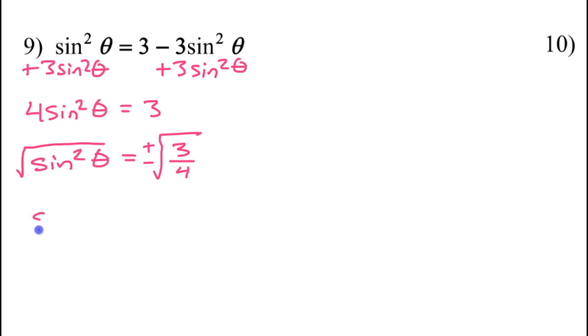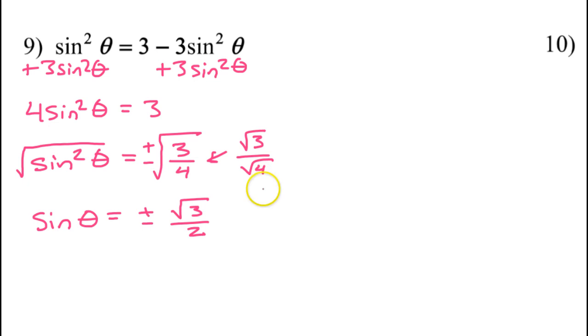So this will give me sine theta is equal to plus or minus radical 3 over 2. Remember that when you take the square root of a fraction, it's really the square root of the numerator and the square root of the denominator separately. Radical 3 just stays radical 3, but the square root of 4 is 2.